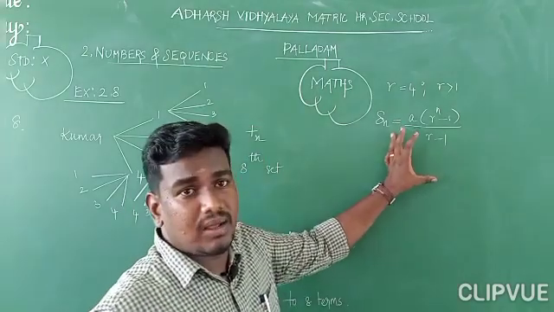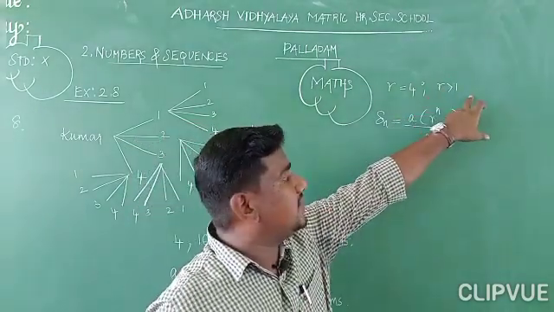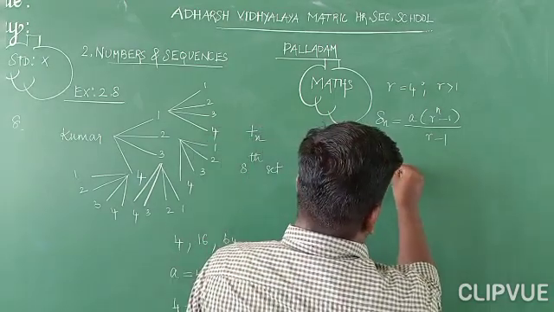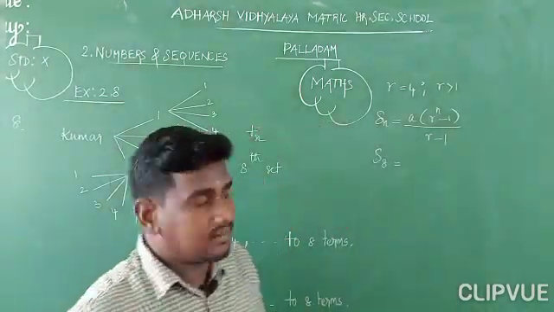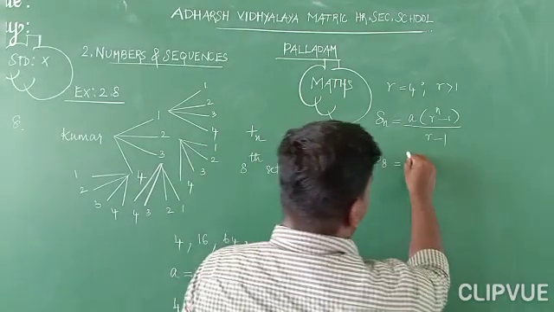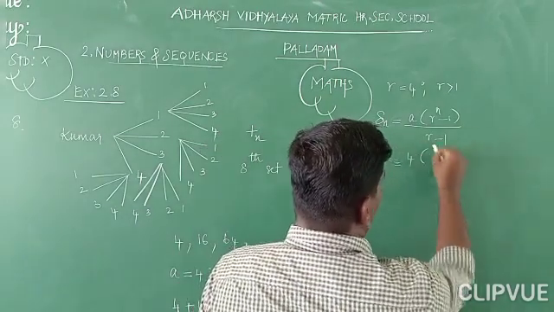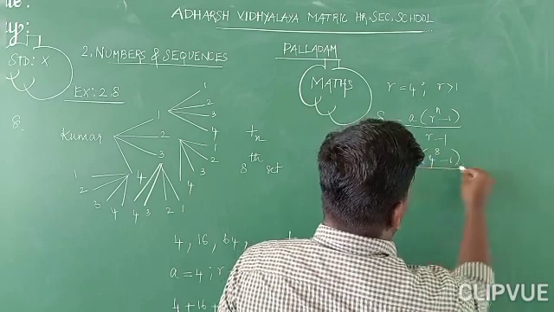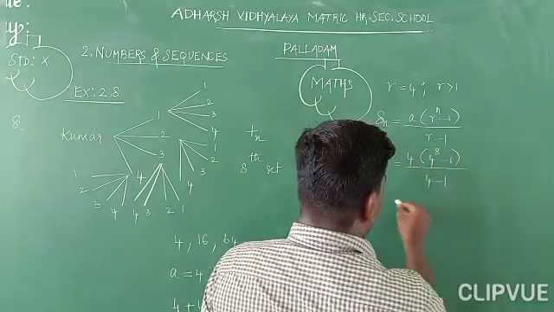So N is equal to 8, A is equal to 4, R is also 4: 4 into 4 power 8 minus 1, divided by 4 minus 1.